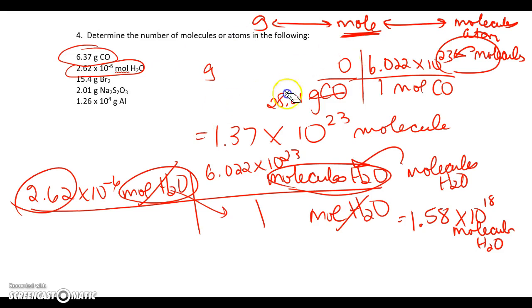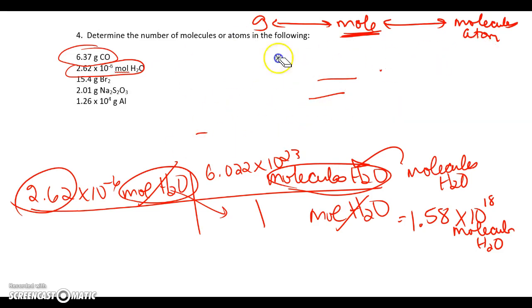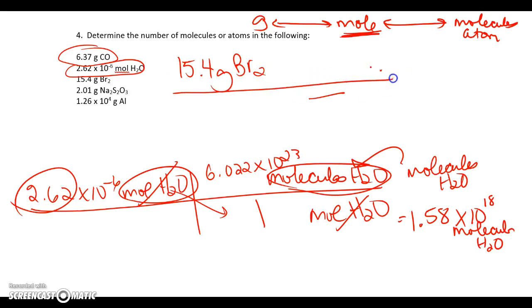Let me see if I can quickly do one more of these. Let's start with 15.4 grams of bromine, one of our diatomic molecules. It's a two-stepper, and I need to have molecules in the numerator here so that it's in my answer. All right, so 6.022 times 10 to the 23rd molecules in 1 mole.